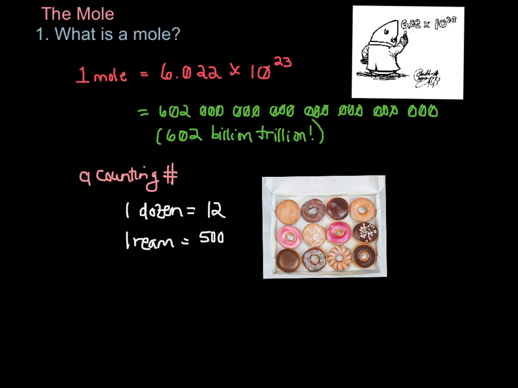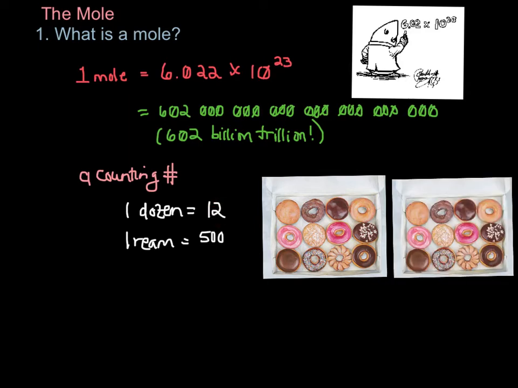If I had a dozen donuts, that equals 12 donuts. If I had 2 dozen donuts, then I have a total of 24 donuts. And the same would be true with a mole. If I had 1 mole, I would have 6.022 times 10 to the 23rd donuts. And if I had 2 moles, I would have twice that number in donuts. That is a lot of donuts.